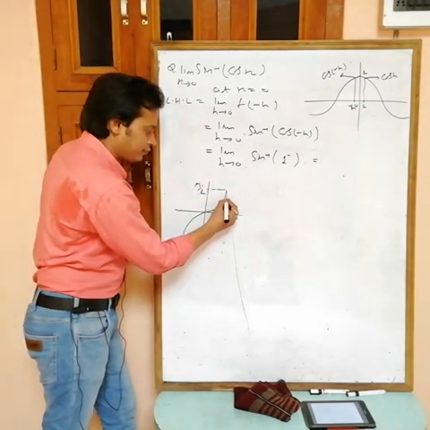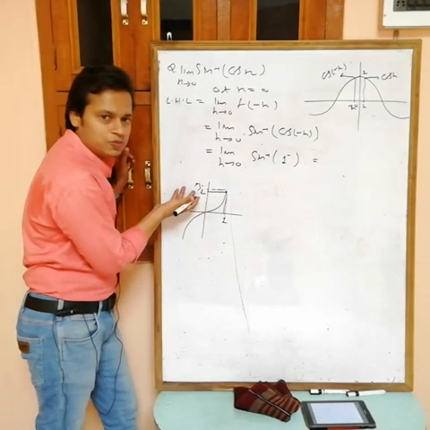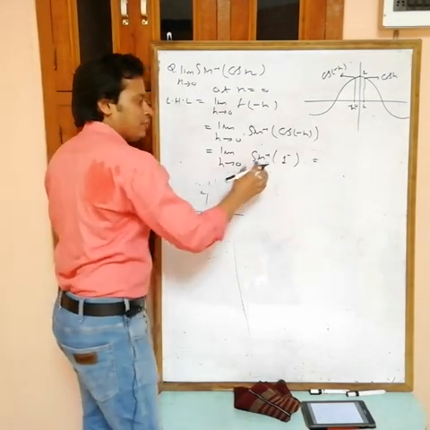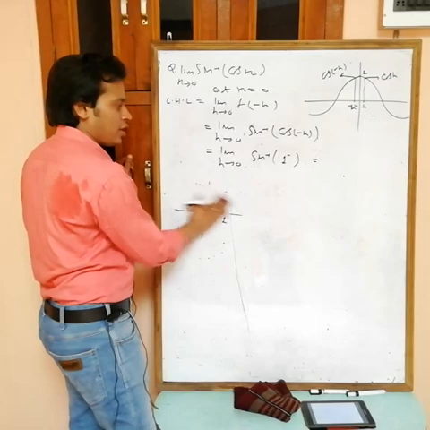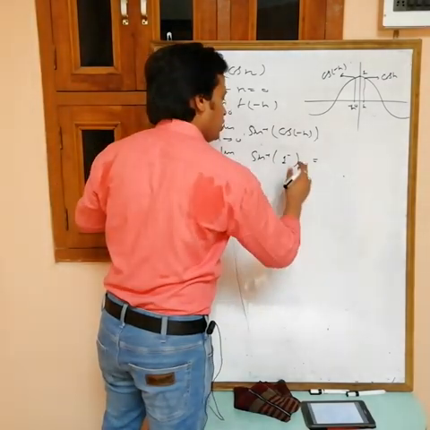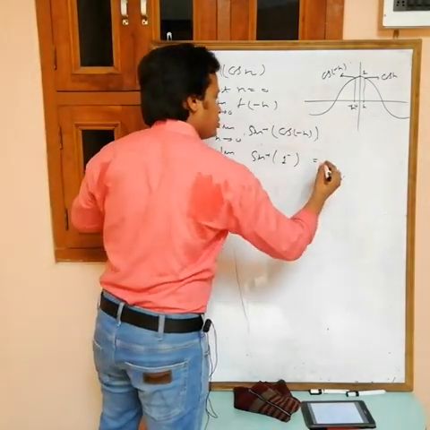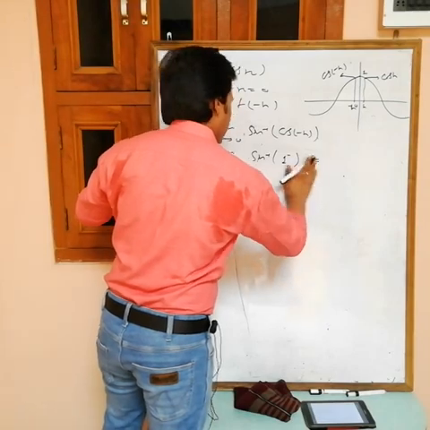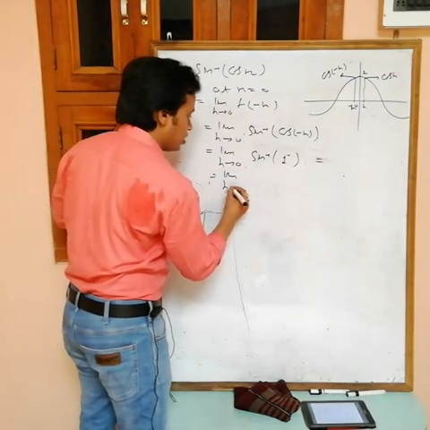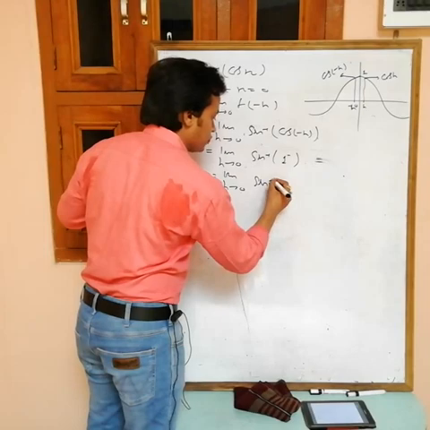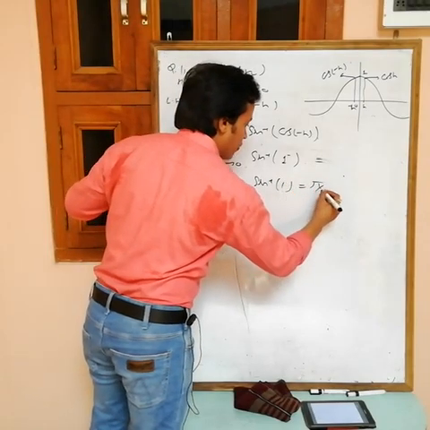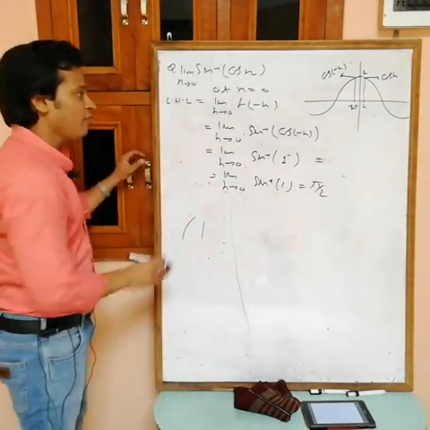Suppose this is the value. Now this is also near to pi by 2, and at this point the function is defined, so I can write the limit as h tending to 0 of sine inverse 1, which is equal to pi by 2.